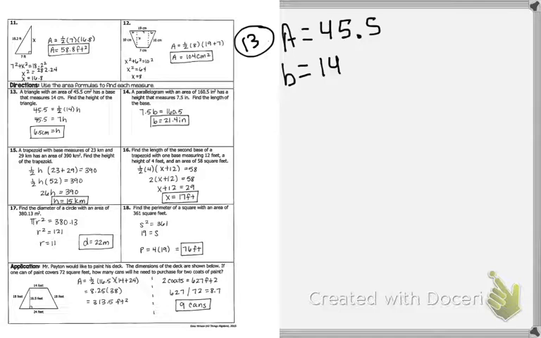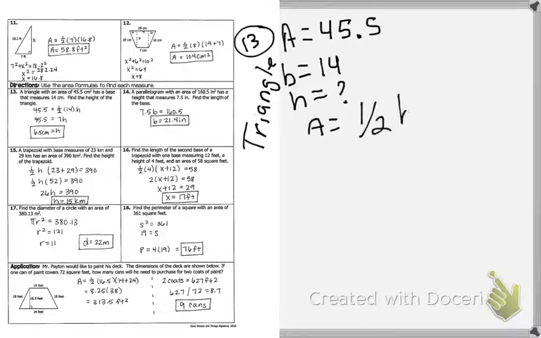You know this is a triangle. So the height is missing. Area is 1/2 times height.